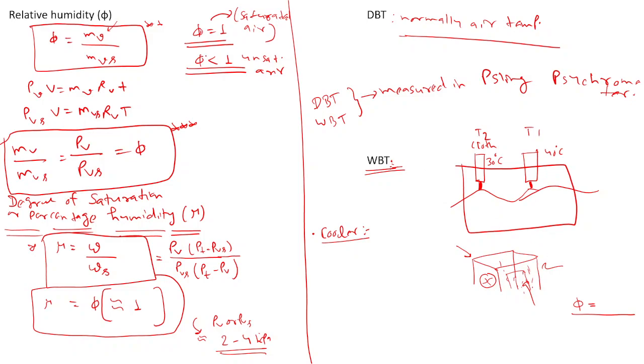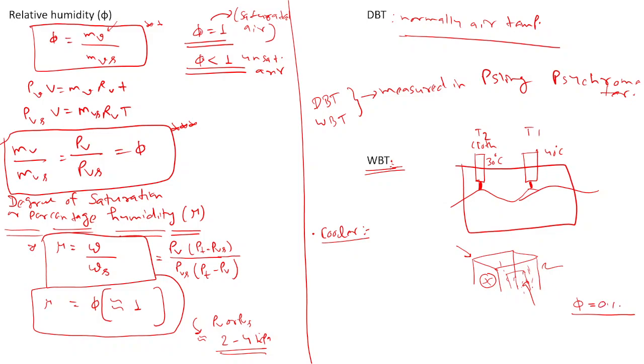Because there is very little water in the surroundings, so the air has less water, so phi would be less. The amount of water vapor currently in the air is very small, but the maximum possible is very high. So phi would be like 0.1 or 0.2.